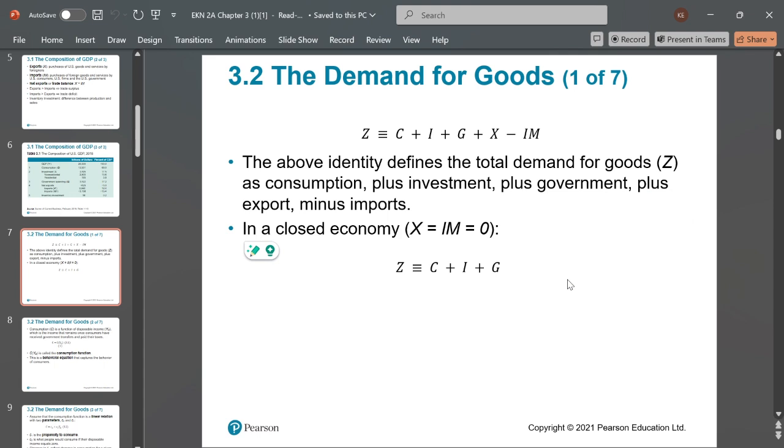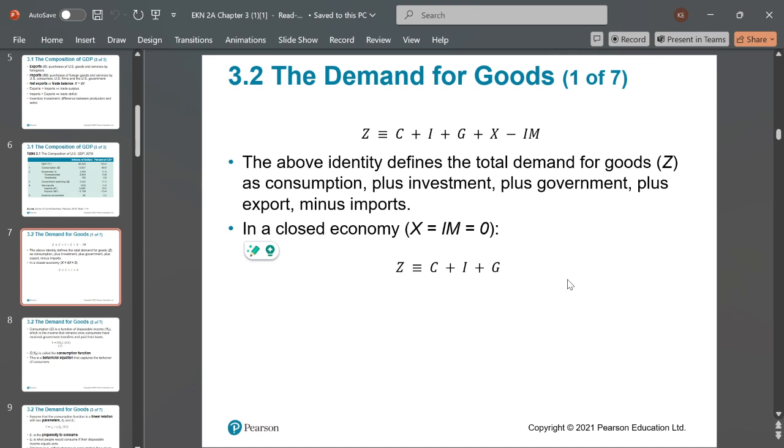What do I mean by that? When we say closed economy, think of it this way. We've got a lunchbox, right? When you put the lid on the lunchbox, there's no way you can put in food or take out food before you open that lunchbox.